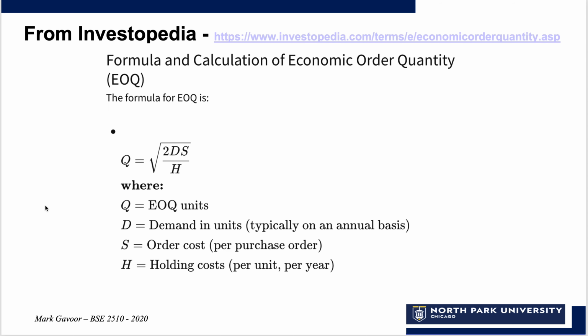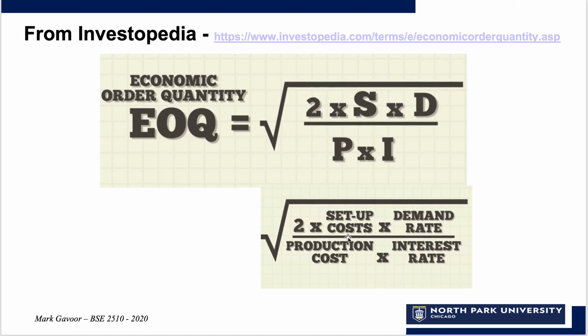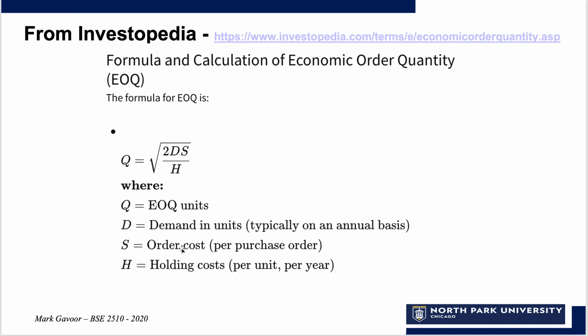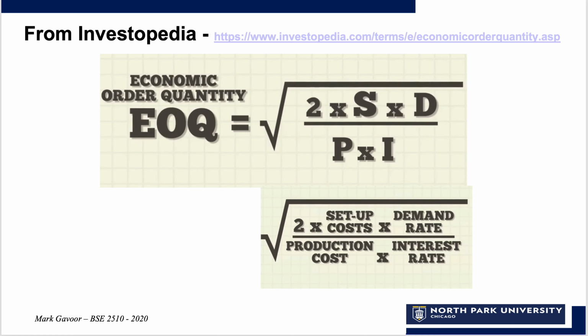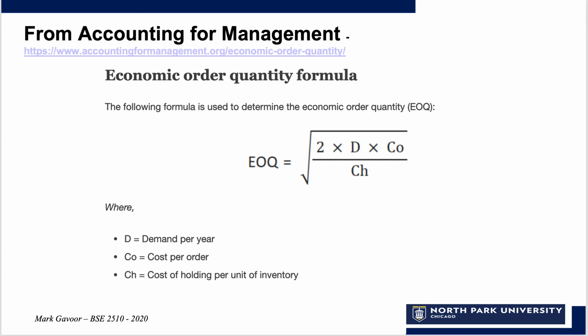And instead of demand, I have S. S is setup costs. So it's not D, D is D, demand rate, but let's call it annual demand here. The setup cost is in lieu of order costs, the S part here, or C sub O. On the bottom, we have production cost times the interest rate. What does it cost you times the interest rate of that money? That's one way of looking at it.